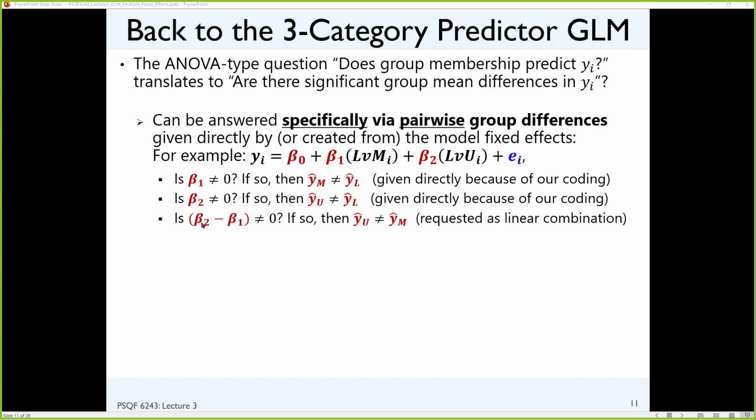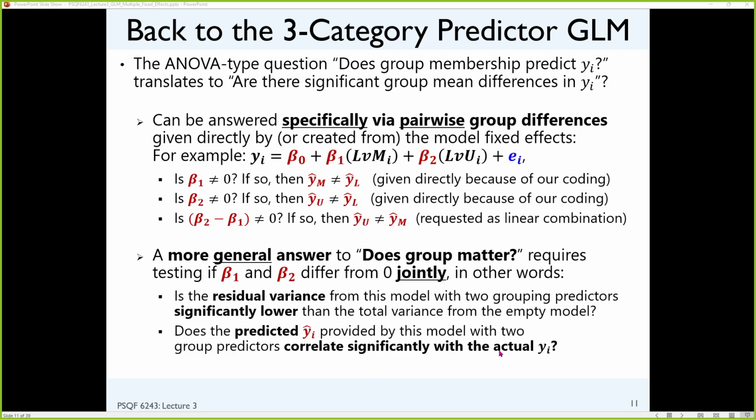And if the difference of the 2 slopes, so beta 2 minus beta 1, something I have to ask for specifically, is different than 0, then I know that the non-reference groups, middle and upper, also differ. But I don't yet have an answer to this overall question: how important is this grouping variable in the grander scheme of things? To do that requires a joint test of beta 1 and beta 2 at the same time.